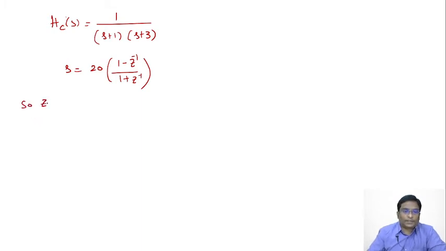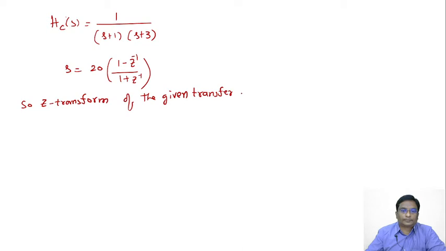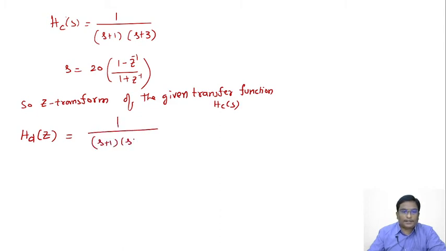Given transfer function is HC of S. What is this HD of Z here? 1 by (S plus 1) into (S plus 3). Wherever you have an S, you have to replace it by 20 into (1 minus Z power minus 1) by (1 plus Z power minus 1).